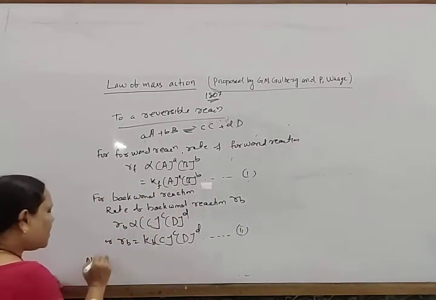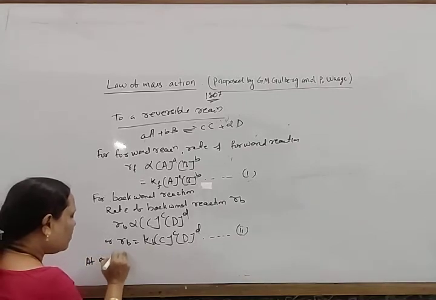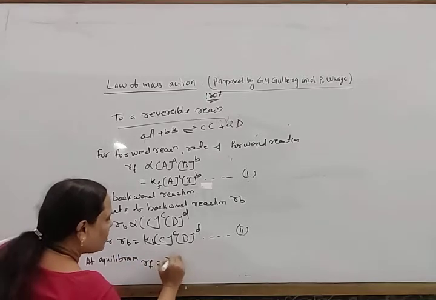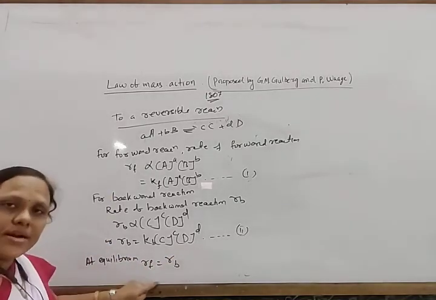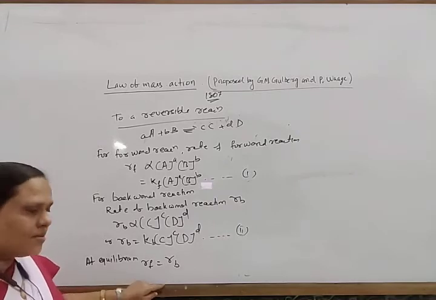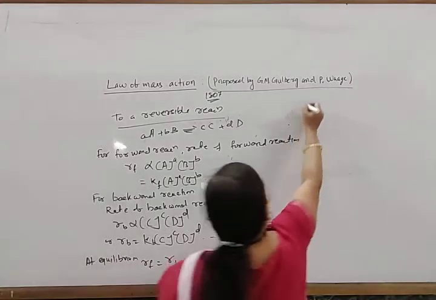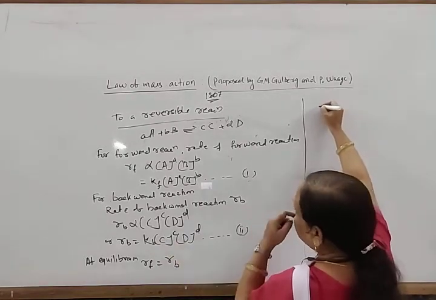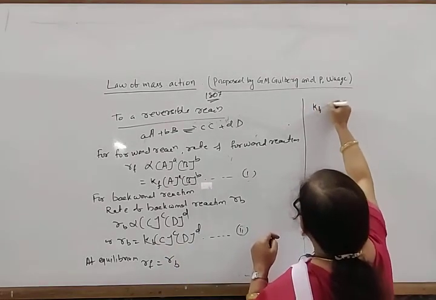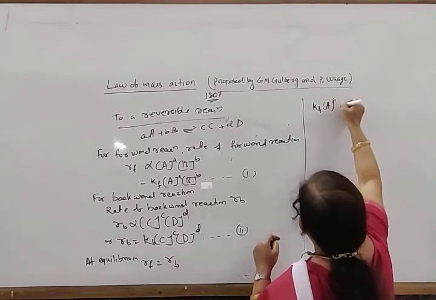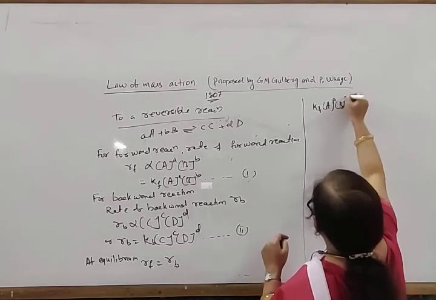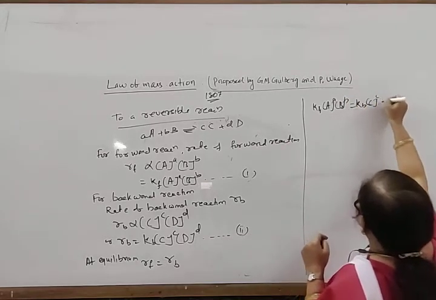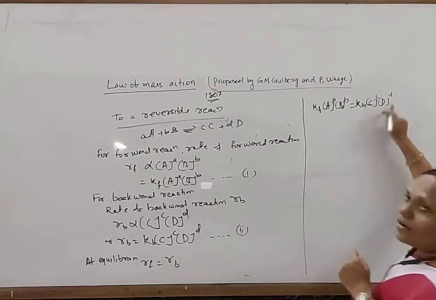At equilibrium, what is the condition? At equilibrium, Rf is equal to Rb: the rate of forward reaction is equal to the rate of backward reaction. Hence we get Kf into [A] to the power a into [B] to the power b is equal to Kb into [C] to the power c into [D] to the power d.